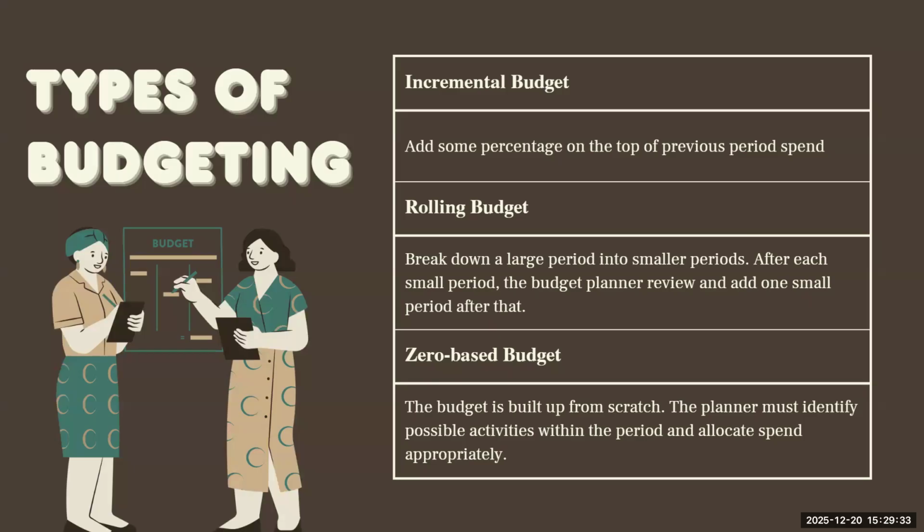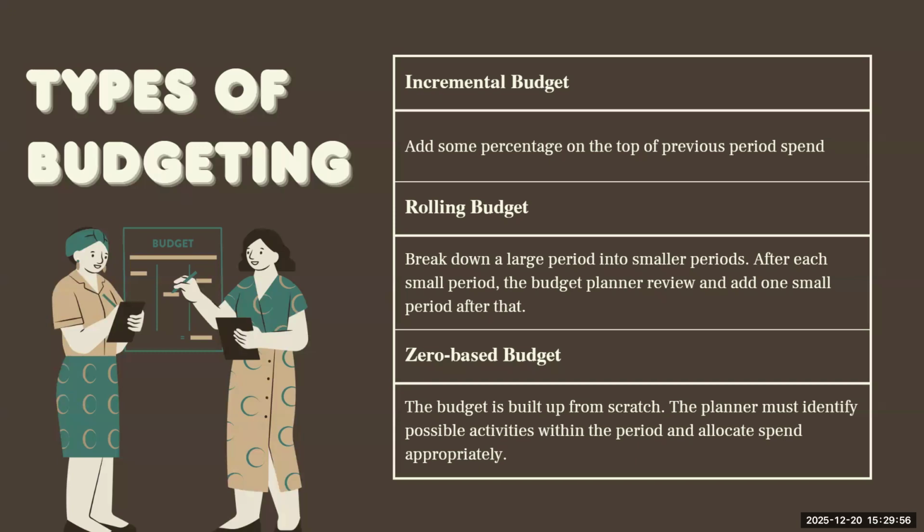For traditional budgeting, they tend to focus on an accounting year like 2025 or 2026, and they may create a new budget at the end of 2025 to prepare for 2026. Okay, so that is a pretty static budget.